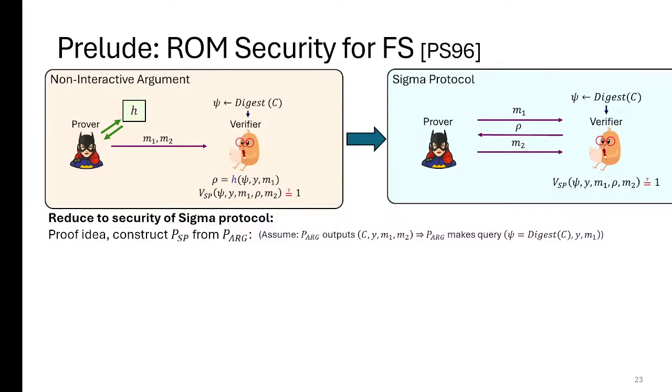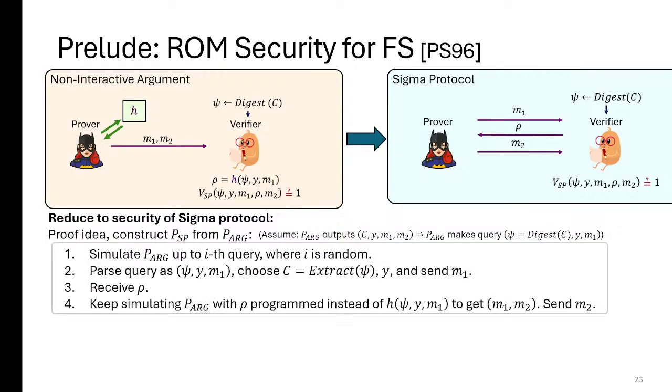So what we're going to want to do is put in this verifier message as this query. This is how P_SIGMA works. It simulates the argument prover up to the ith query, where i is a random value. By simulate here, P_ARG has a random oracle, so I'm simulating this with just random answers.